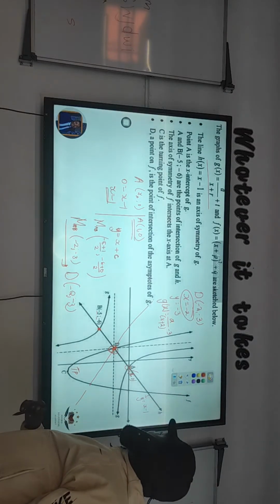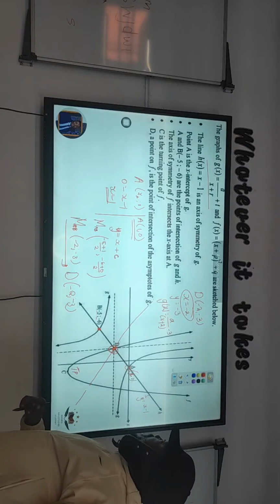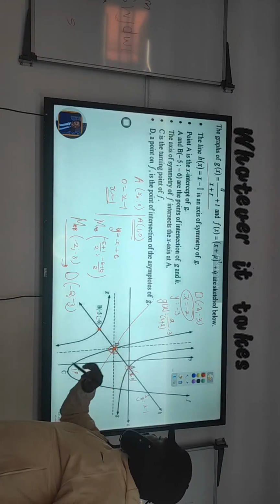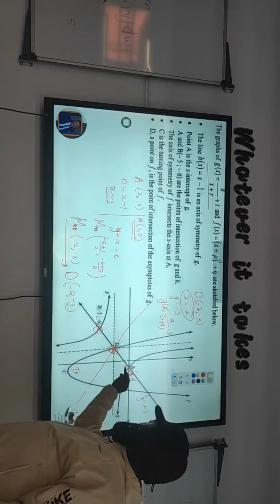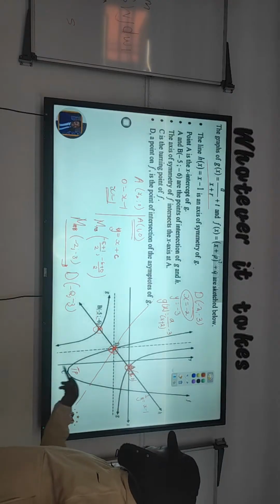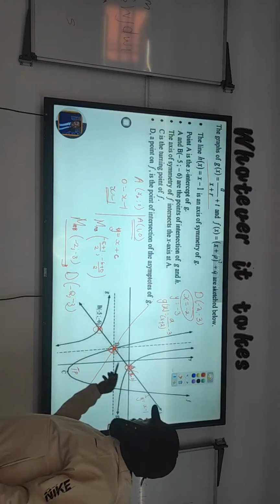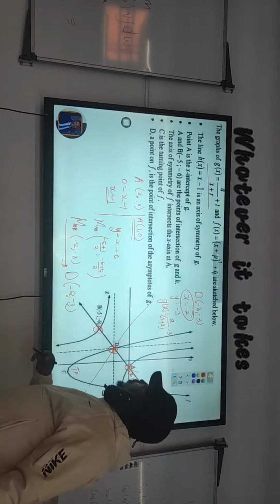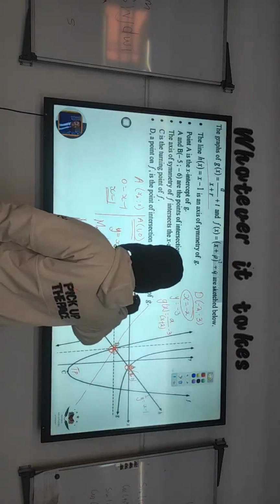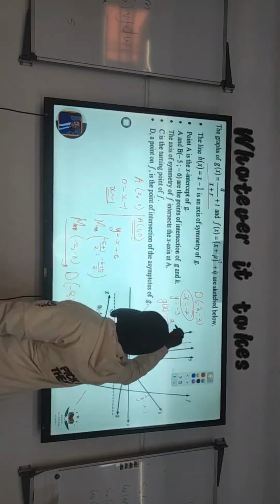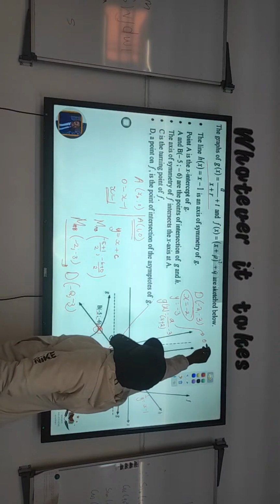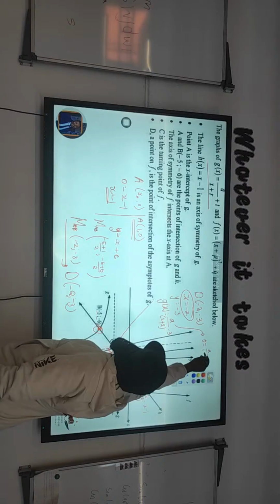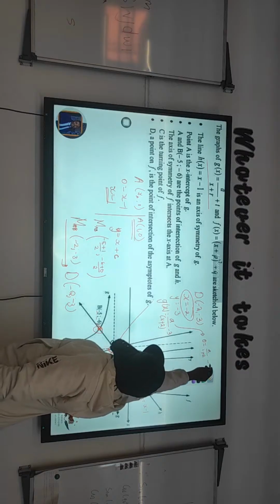Find any point where this graph is passing. You can take any point as long as the hyperbola is passing there. We have one point where the hyperbola is passing, and we have another point. This one is easier, so I'll take this one where x equals 1, y equals 0. So I substitute: 0 equals a over (1 plus 2) minus 3.